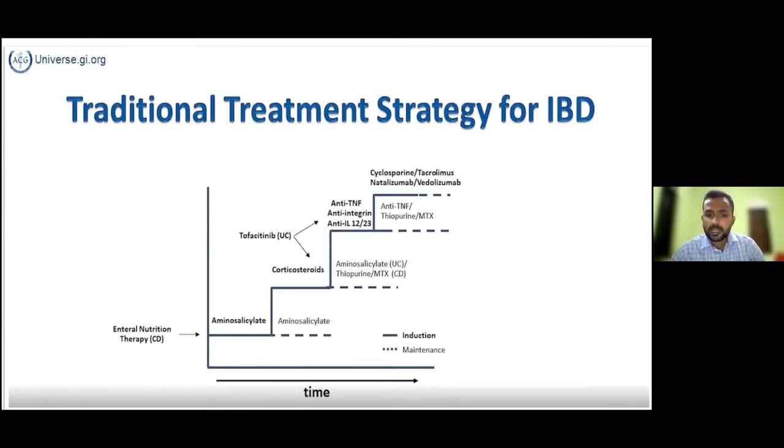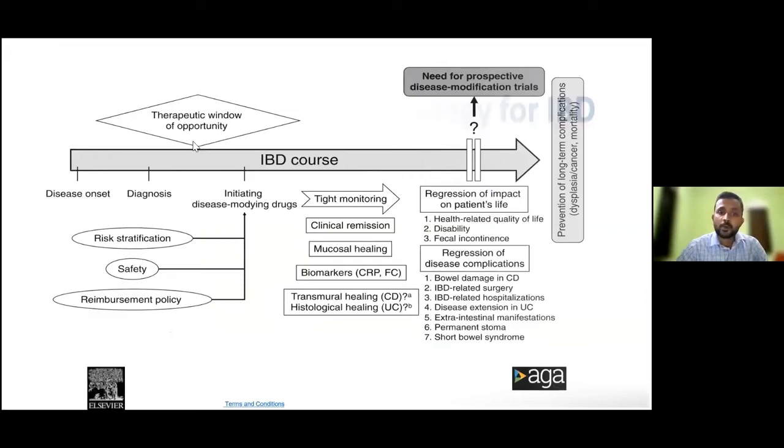So this may be still valid for a mild disease, but now we are generally moving away from this traditional strategy, because sometimes we encounter patients with moderate to severe disease. Of course, in them, these less potent drugs are not going to work, and we are just wasting our time, and we are risking patients' lives. So the time is important because there's a therapeutic window of opportunity.